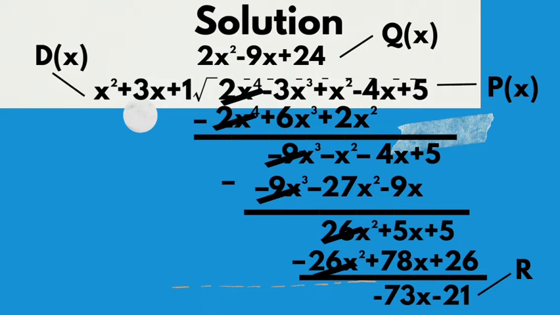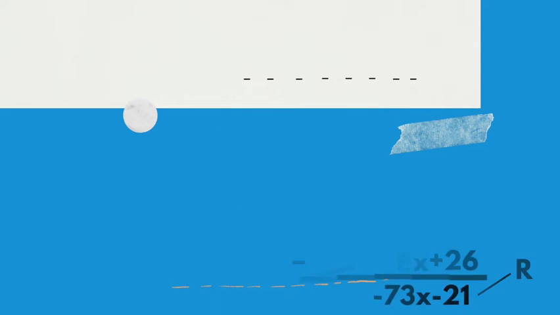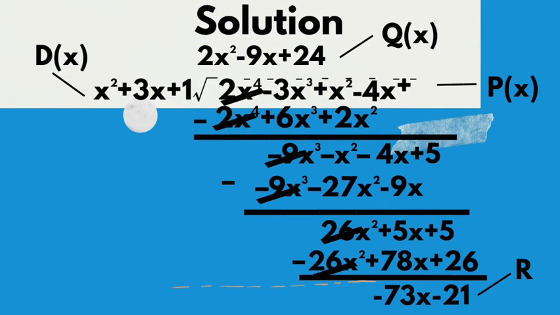Now, minus times minus 27x squared gives us plus 27x squared. And minus x squared plus 27x squared gives us 26x squared. Minus times minus 9x gives us plus 9x. This time around, minus 4x plus 9x gives us plus 5x.